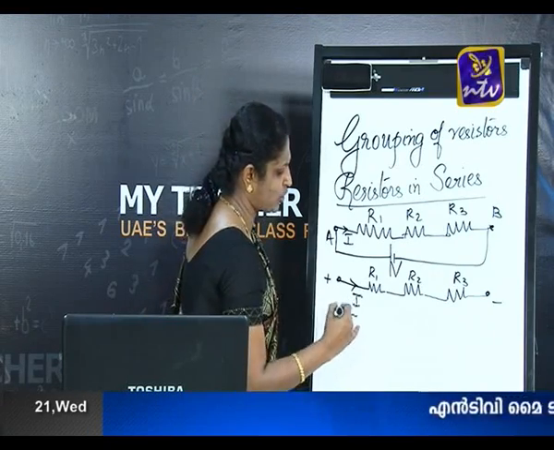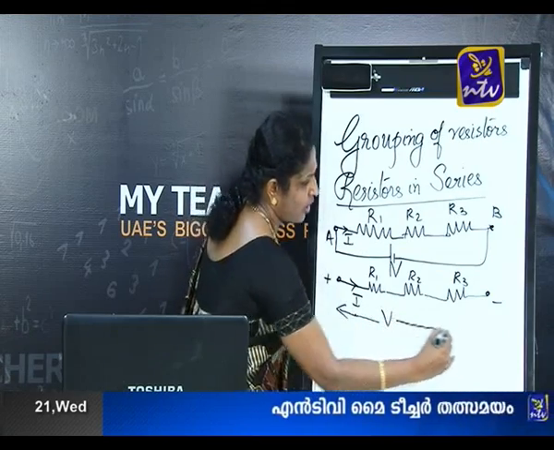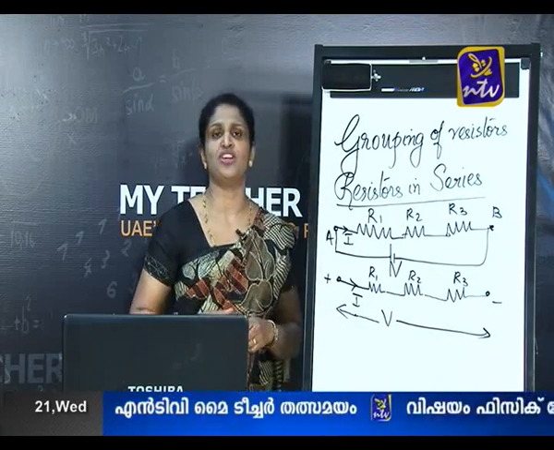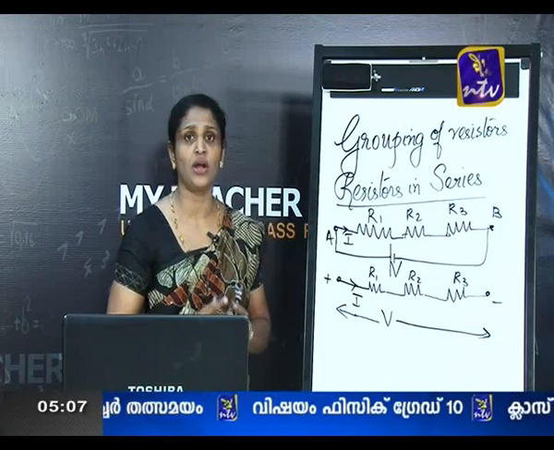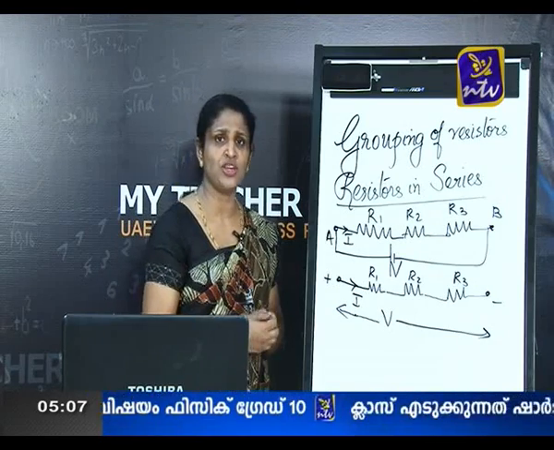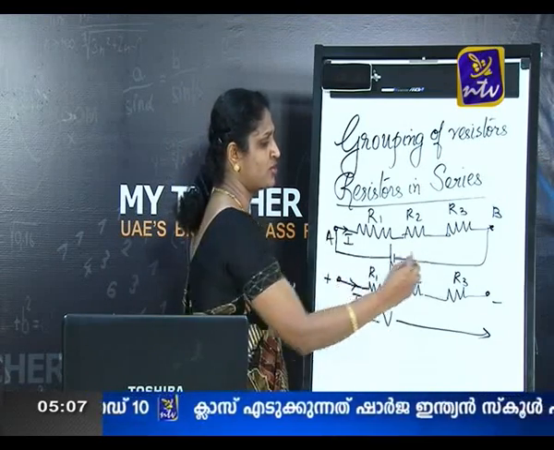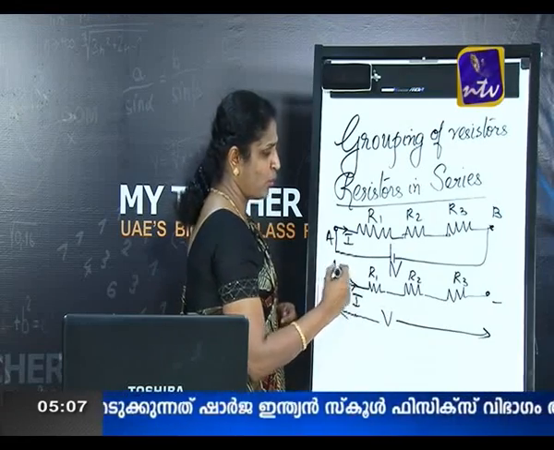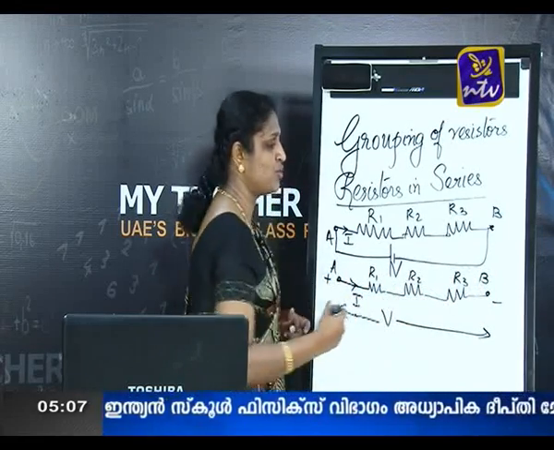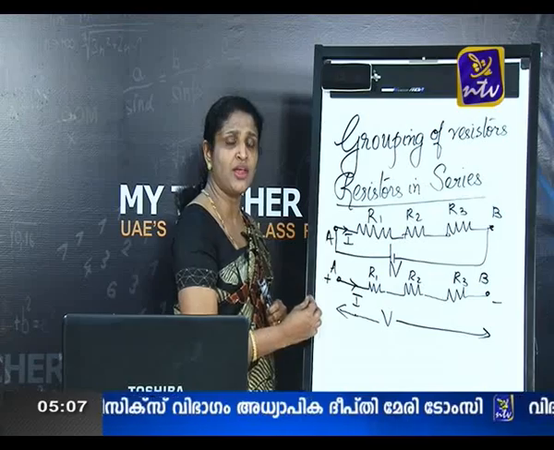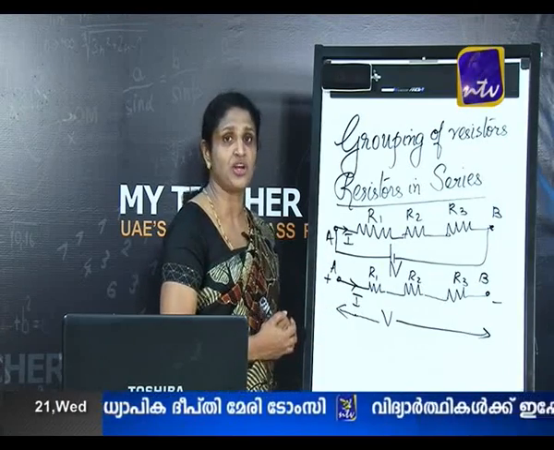Now let us see about the potential difference. What do we mean by potential difference? It is the work done in carrying a unit charge from one end of the conductor to the other end. The work done to carry a unit charge from end A to B is called the potential difference.